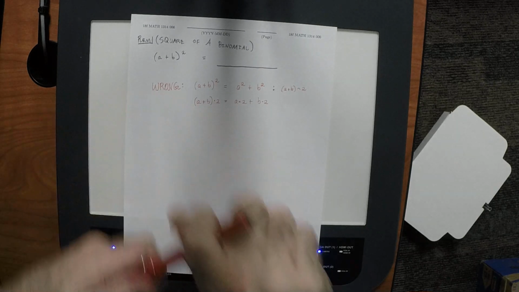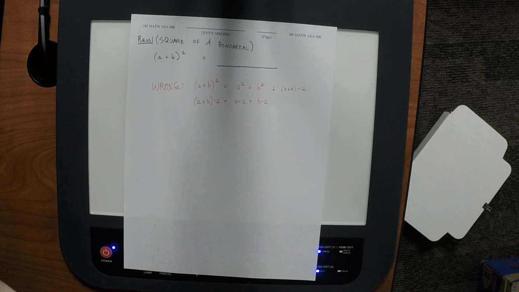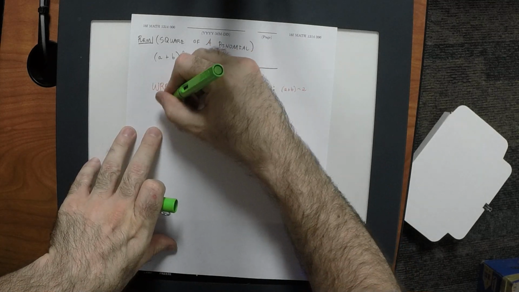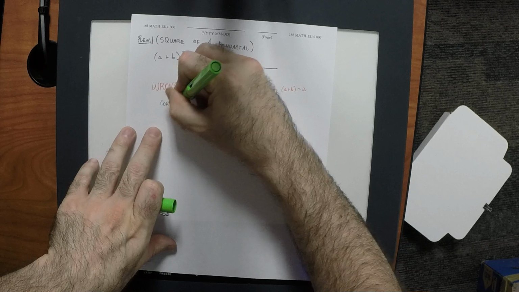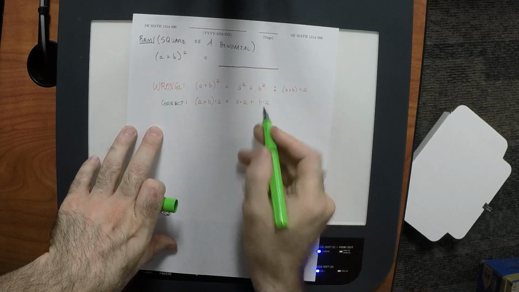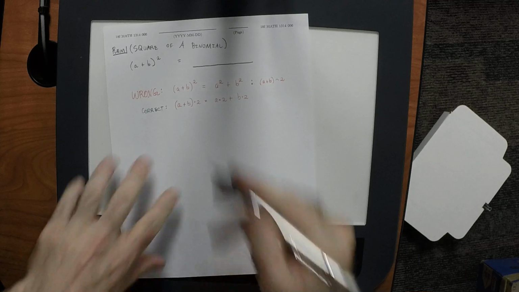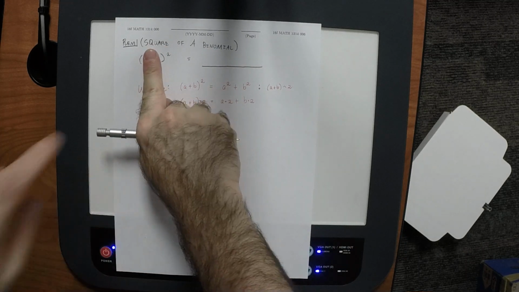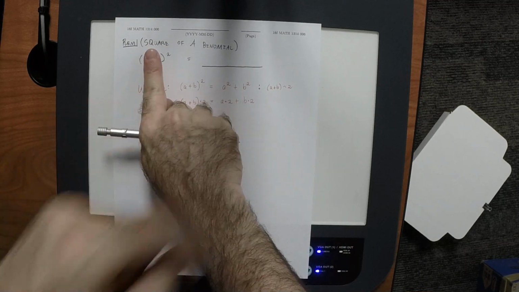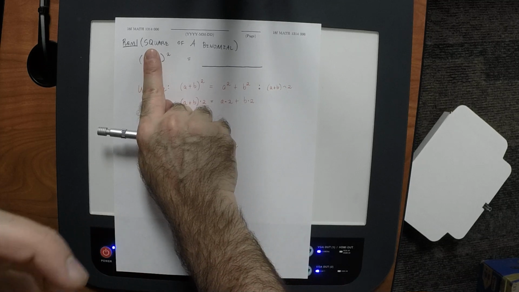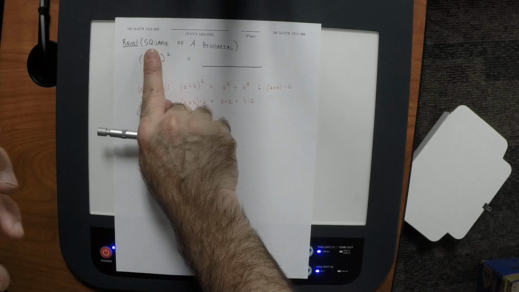Okay, so let's figure out what it should be. So I'll say that this one right here is actually correct, but with the operation being multiplication. So remember that when you write squared, or caret 2, that means that whatever it is I'm covering up, we need to make 2 copies of it and do what with them?